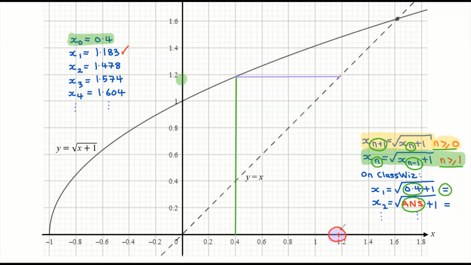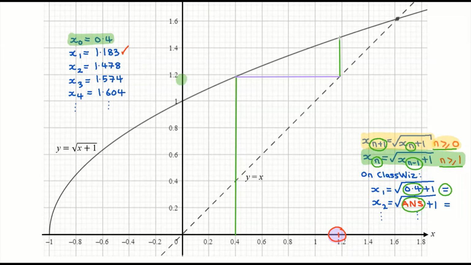So for my next x input, I need to take that value to the function because we're going to plug that x value into the function. We're going to go from 1.18 and plug that into the function. So I go up to the curve, and that's going to take me to a value somewhere between 1.4 and 1.5.